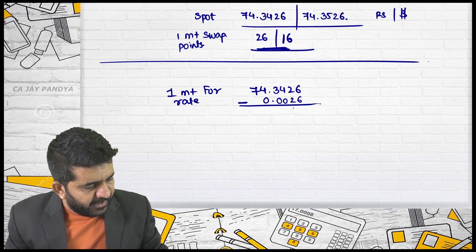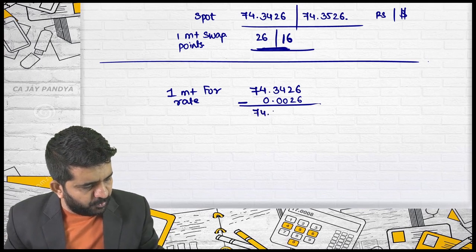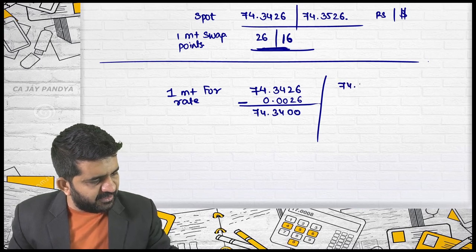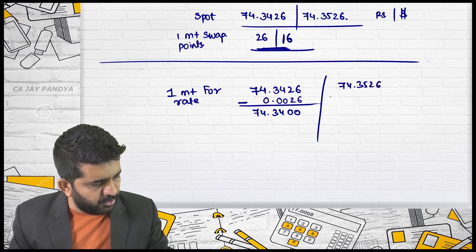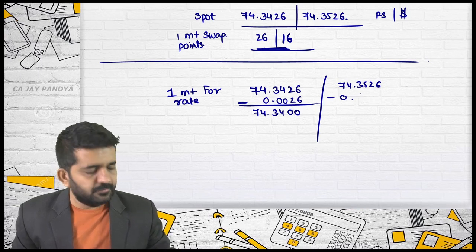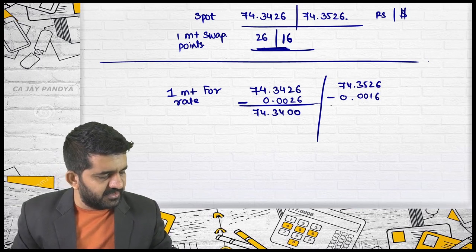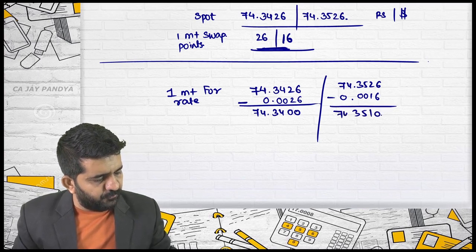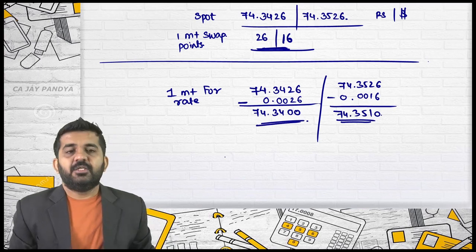Is it alright? And the answer will be 74.3400 slash. And now you will deduct from 74.3526. Sakshi, how will you deduct? 0.0016. And this answer will be 74.351.